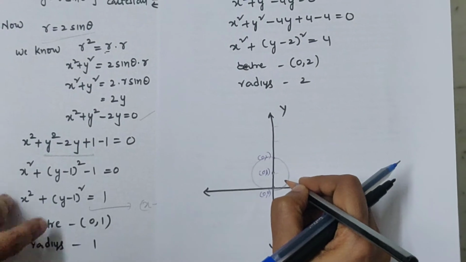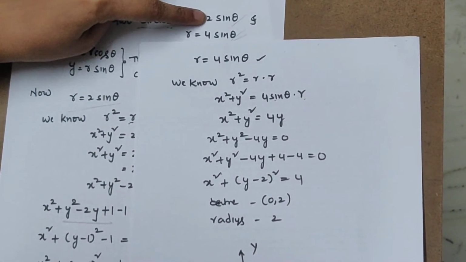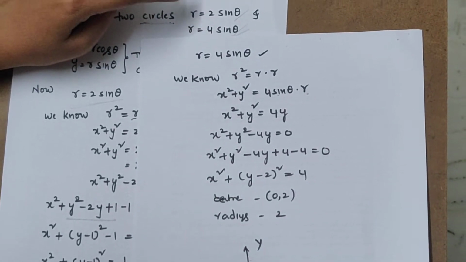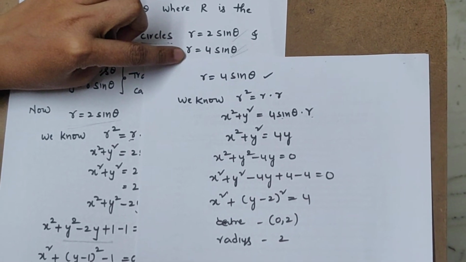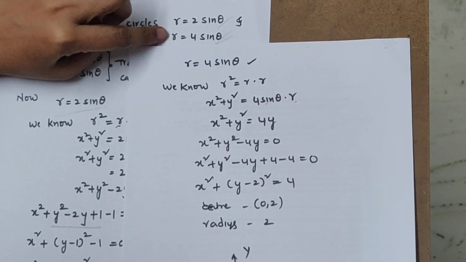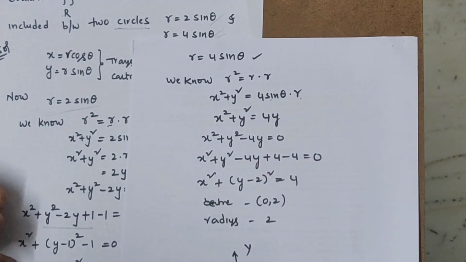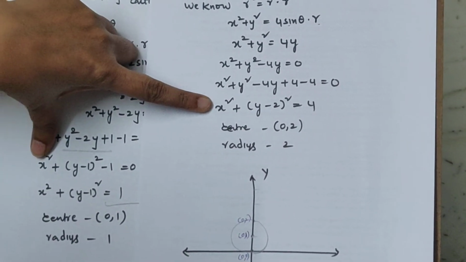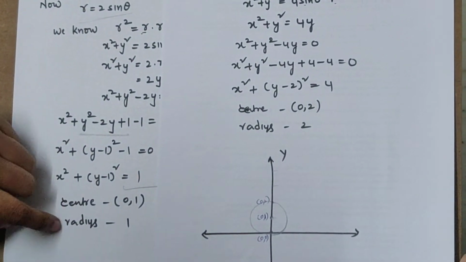Another circle: here the region is included between the circles r equal to 2 sin theta and r equal to 4 sin theta. As the circle equations are in polar form, we can't say their center and radius, so first we converted the polar circles into Cartesian circles. As it is easy to say center and radius from a Cartesian circle, we identified them.